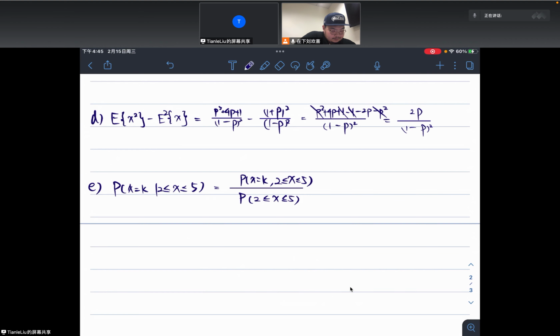So how do we calculate this? This actually turns out to be the sum from k equals 2 to 5 of the probability that X equals k, right? So we can bring it in.